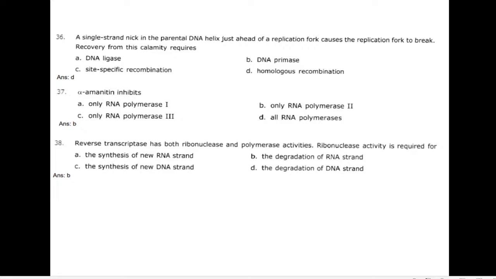Site specific recombination means there is no need to make a homology between two strands. Only one particular nucleotide or one particular site alone is changed. That is site specific recombination.